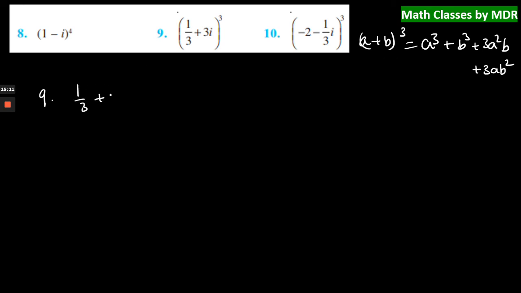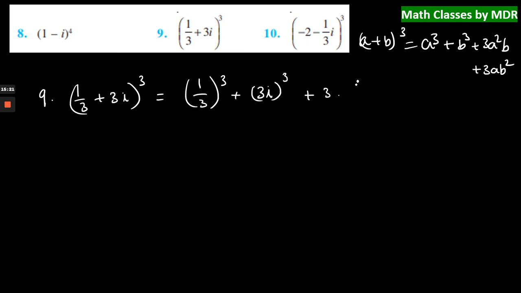1 by 3 plus 3i whole cube is equal to 1 by 3 whole cube plus 3i whole cube plus 3 into 1 by 3 whole square into 3i plus 3 into 1 by 3 into 3i whole square. Right, and expanding, this is what we have.